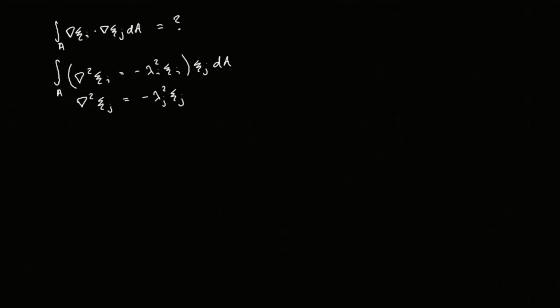Okay, and we're going to do the same thing down here, except we're going to multiply by xi I, integrate over A, and then do an integration by parts there.